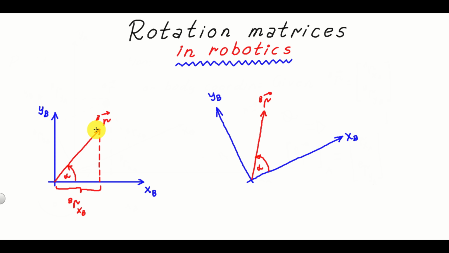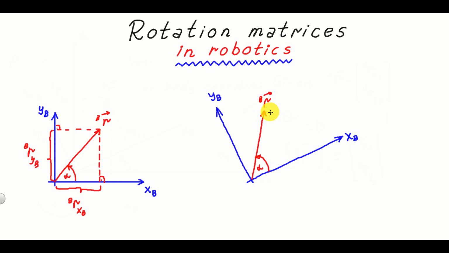The vertical projection is constructed like this, where this angle here is 90 degrees as well as this angle over here, and the projection is the distance from here to the coordinate 0, and the projection is denoted by rb yb.